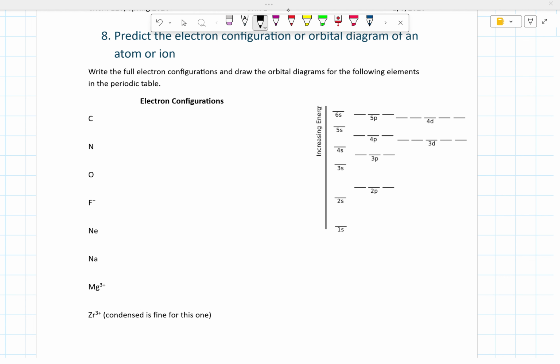Exercise 8, you're asked to think about electron configurations and orbital diagrams for elements in the periodic table.